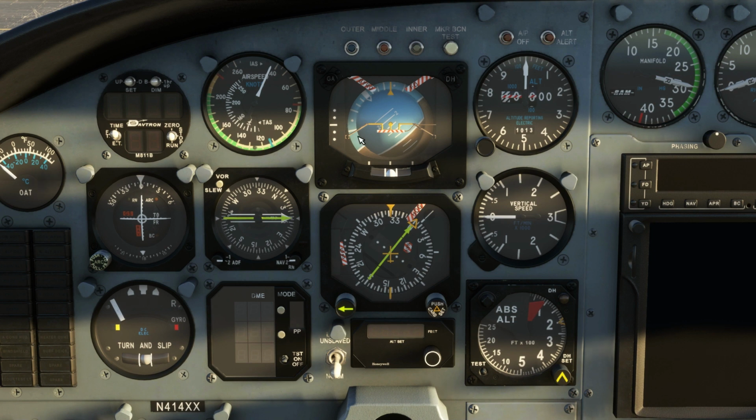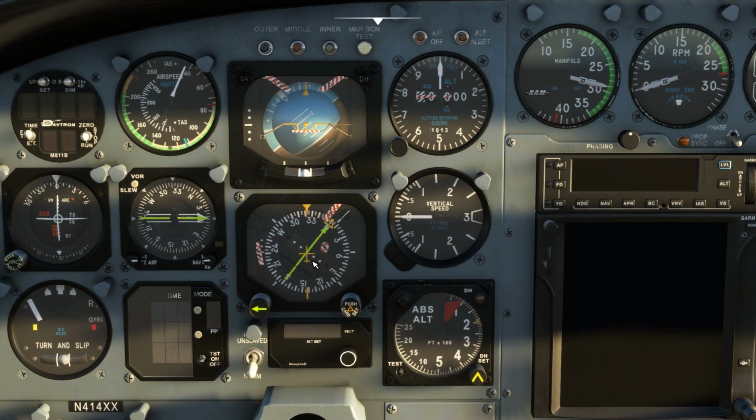This is the attitude indicator. This is the HSI, horizontal situation indicator. This is the way you tell the autopilot what altitude to keep.